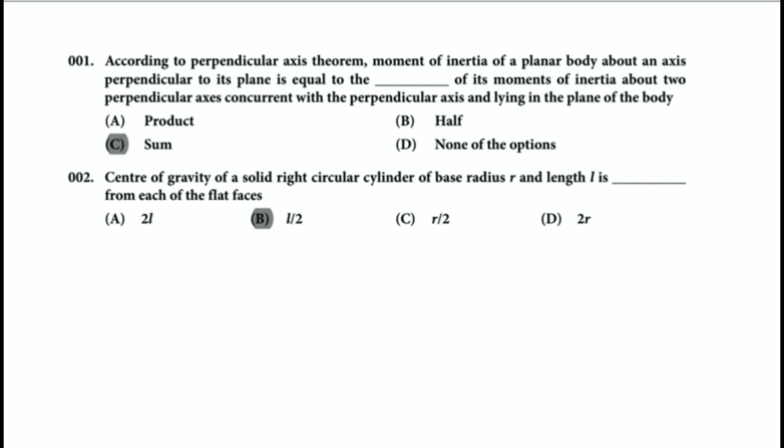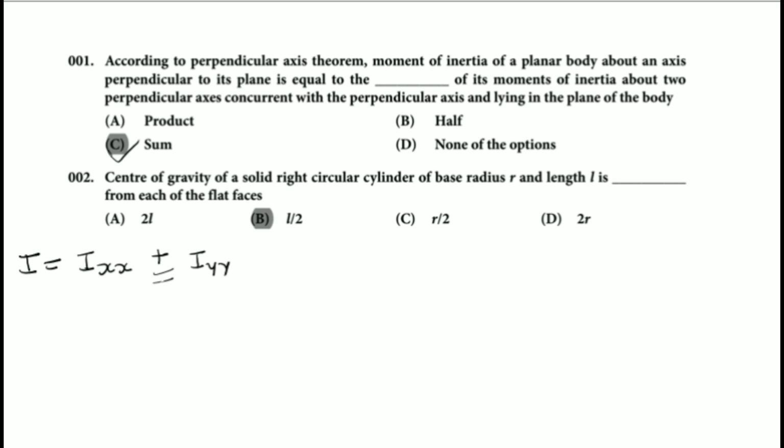If you know the perpendicular axis theorem, then I is equal to Ixx plus Iyy. Means you need the moment of inertia with respect to two axes, right? If you have these, you can add them up and you will be able to find the total moment of inertia of a plane body, right? So here you can see the sign is of sum, right? So the answer should be C.